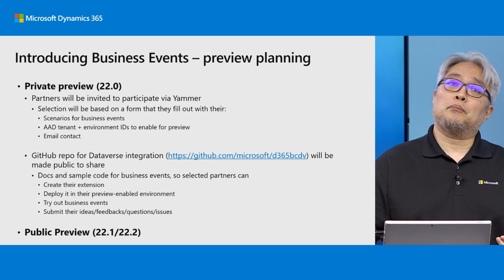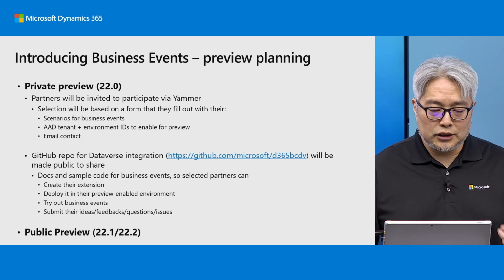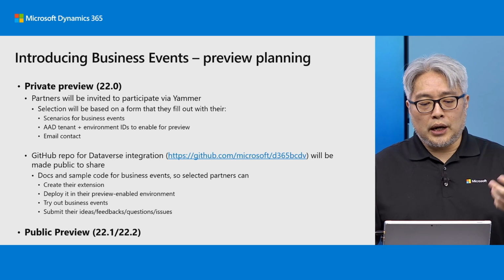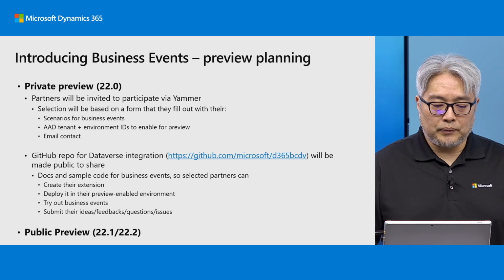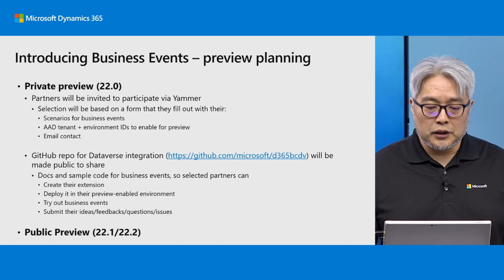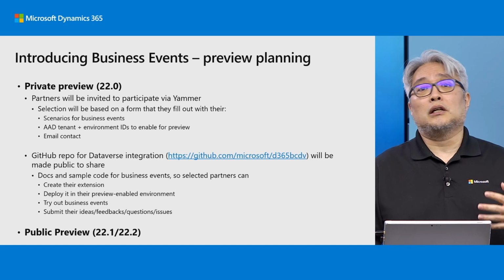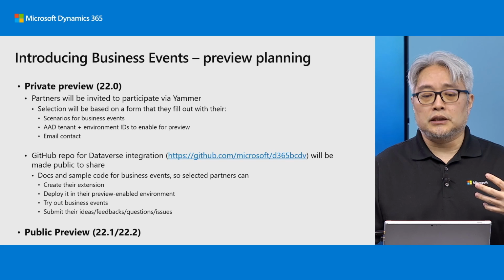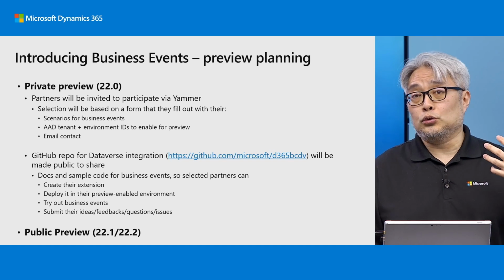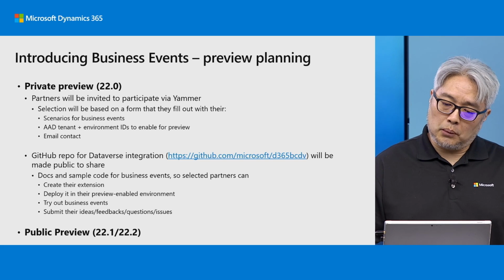You can take the sample code, implement your own extension, deploy it on your preview-enabled environment, and then try out the business event and provide us with ideas, feedback, questions, and issues for us to improve the public preview. That will happen soon after, in a couple of months, in the minor releases that we plan, which is either 22.1 or 22.2 for public preview.